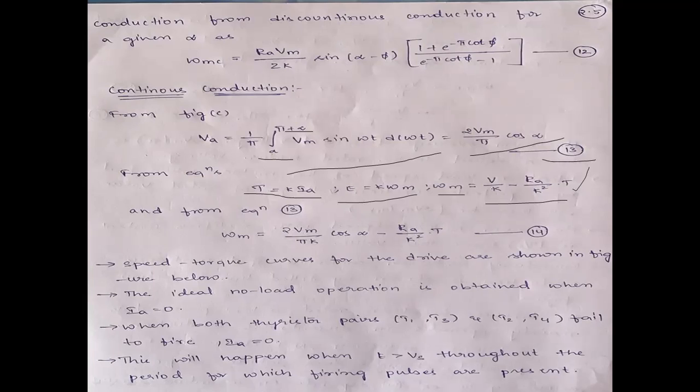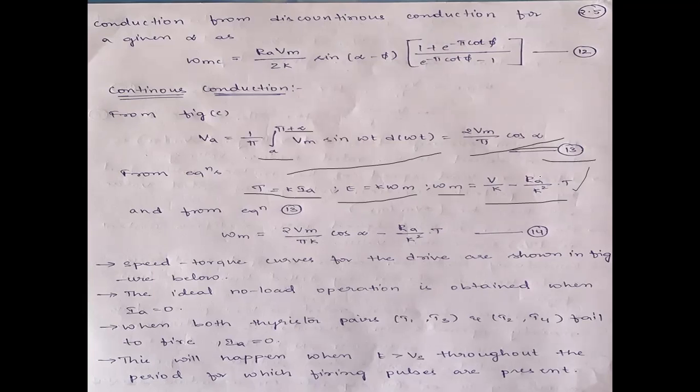Here I am substituting 2 Vm and making these two equations equal. So omega m is equal to 2 Vm by pi K cos alpha minus Ra by K square into tau.